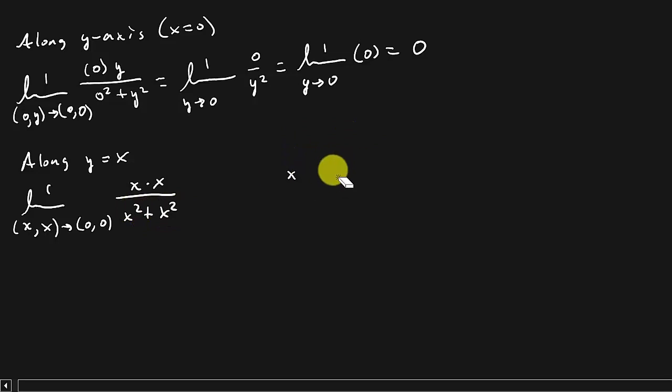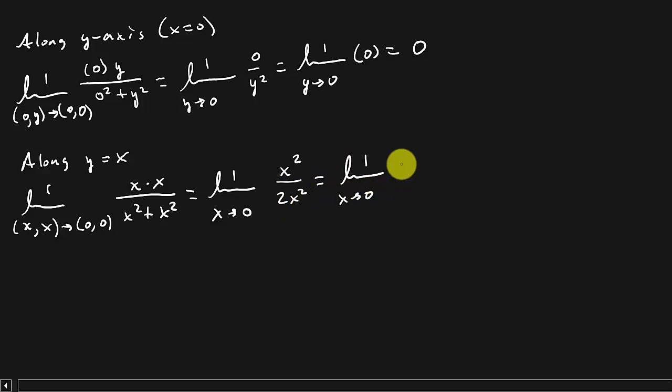So I replace the y values with x. So this is going to be the limit, now we're just in terms of x, of x squared over 2x squared, which is the limit as x goes to 0 of 1/2, which that limit is 1/2.